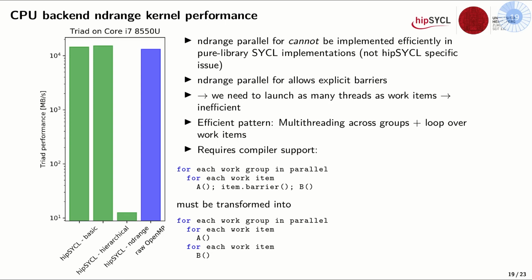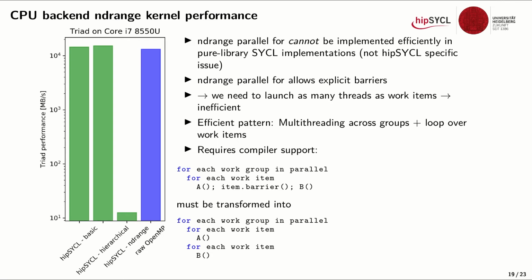The reason is not really hipSYCL specific. It's because nd_range parallel_for cannot be implemented efficiently in pure library SYCL implementations. For example, the triSYCL CPU backend is also a pure library SYCL implementation and has exactly the same issue. To the left, you see a simple benchmark that I've done to illustrate this.